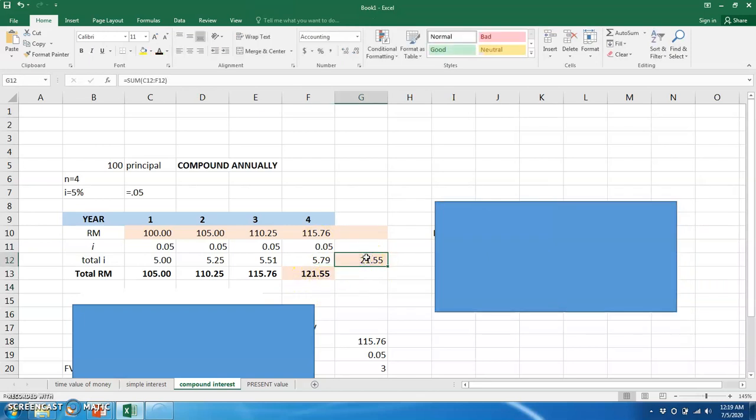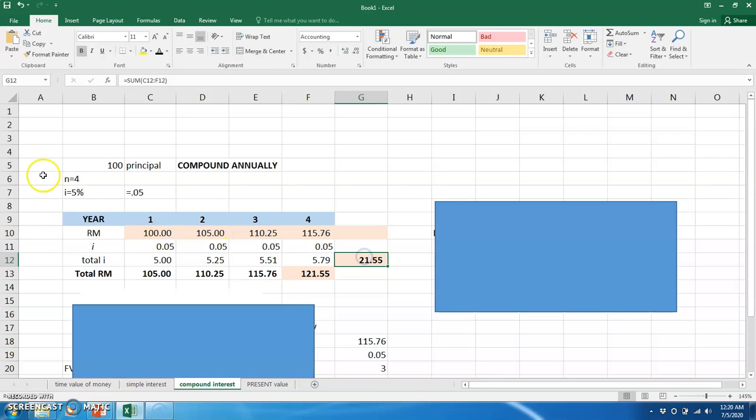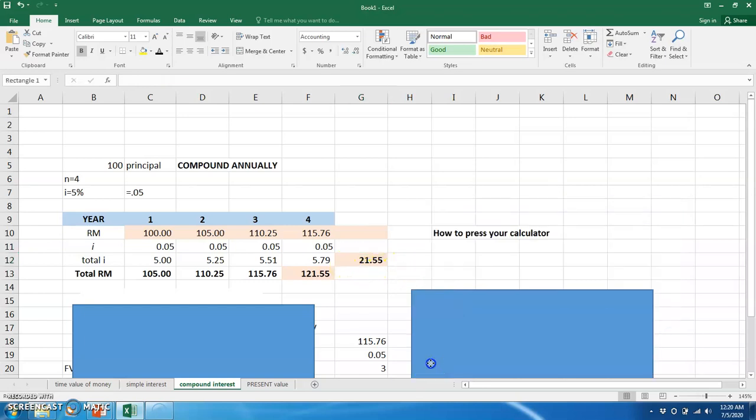This is the total after 4 years. It is different. For simple interest, you only get 20 ringgit of interest. But when you are doing compound interest, the interest is increased to 21 ringgit 55 cent.